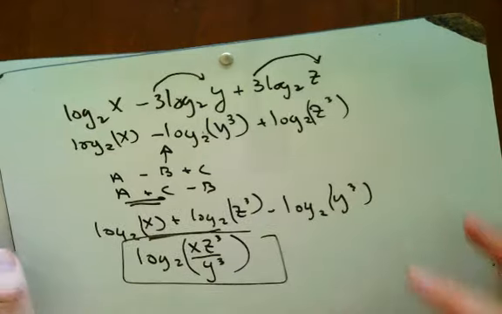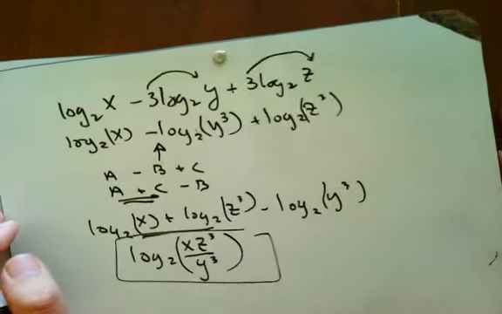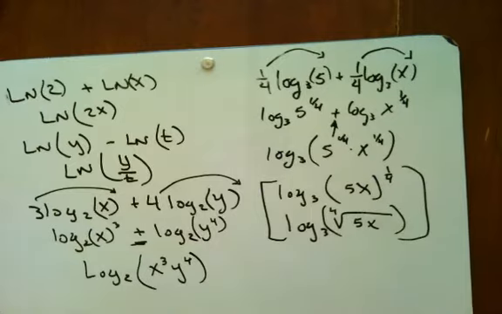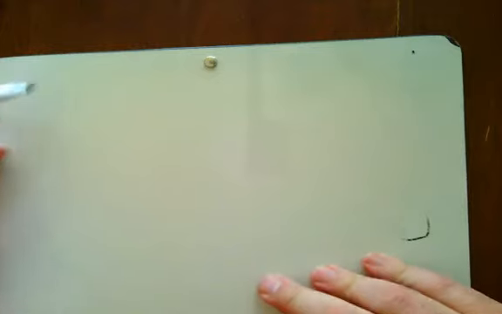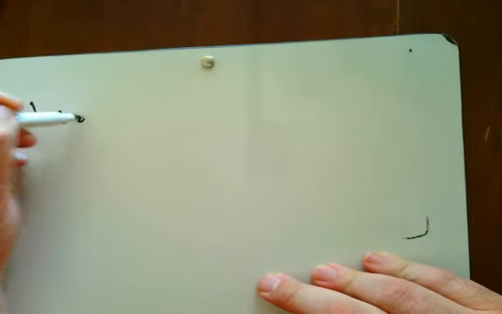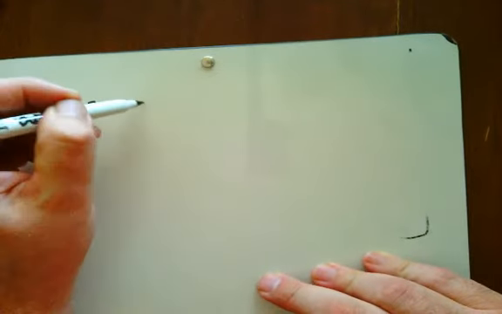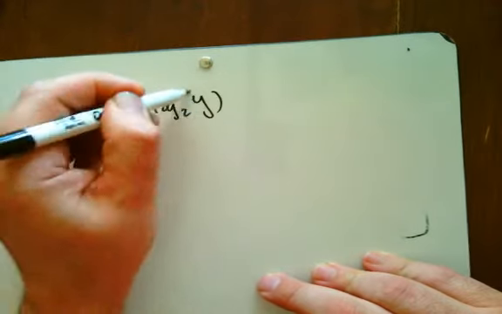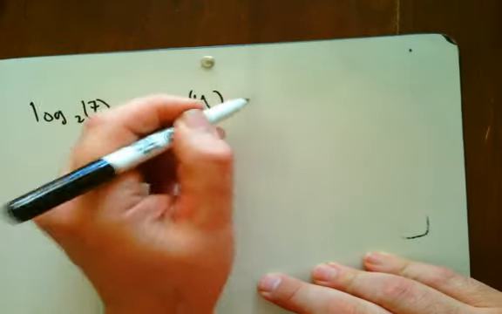See, these are the ones that are going to be multiplied together. Anything with a plus is going to end up on top. Log base 2 of x z to the third, and with a minus goes to the bottom, y to the third. And so there's my answer. There's my condensed form of this expression with 3 logs in it.